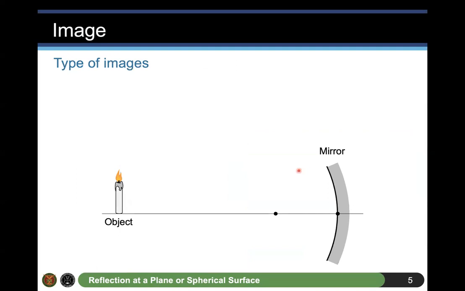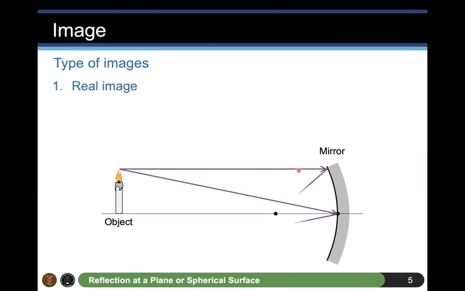And there are also two types of images. Just as there are two types of objects, extended and point, there are also types of images. A real image is any image that is formed before the surface. For example, this is the object, the source of light rays.